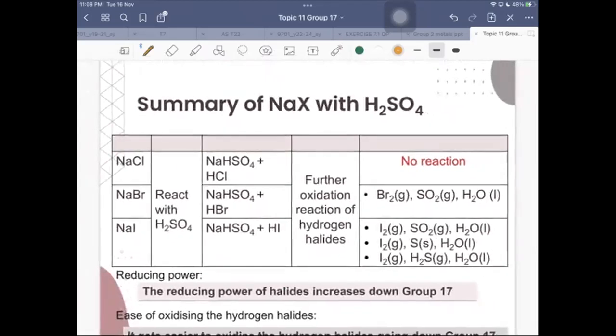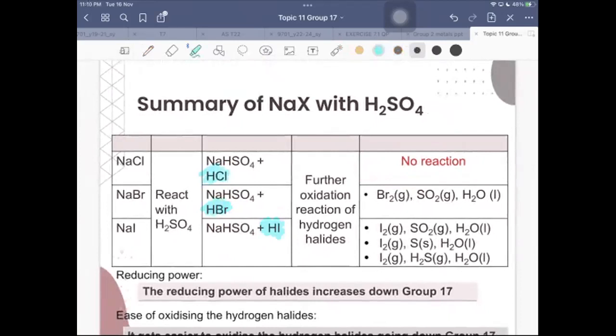So if I tabulate this and summarize the reaction of the sodium halides with sulfuric acid, you can already see that sodium chloride is the least reactive. Well, it's not sodium chloride. Actually, I'm looking at the hydrogen halides.